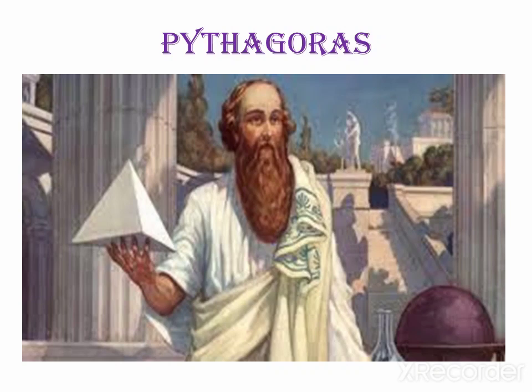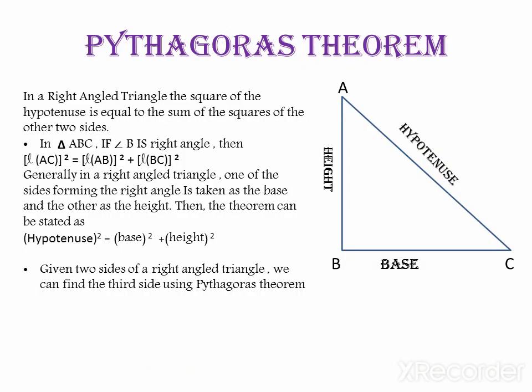This theorem of Pythagoras states that in a right angle triangle, the square of the hypotenuse is equal to the sum of the squares of the other two sides. Now let us see how. In a right angle triangle ABC, if angle B is the right angle, then AC is the hypotenuse.